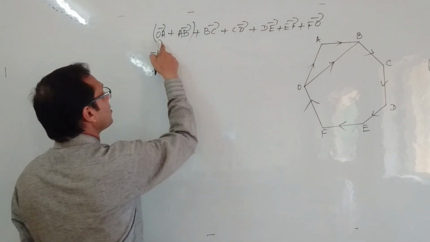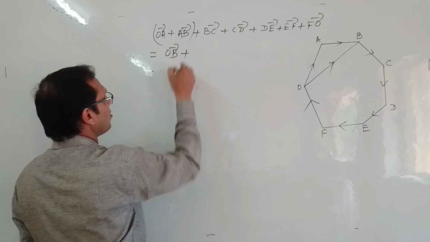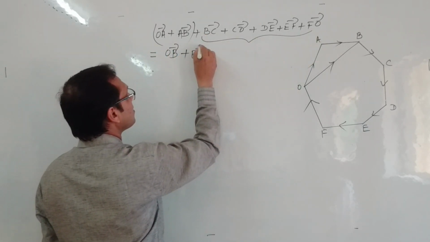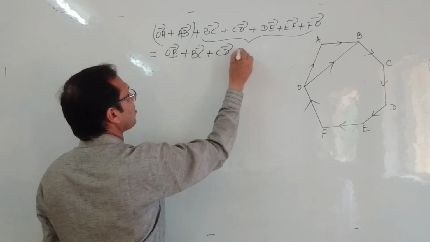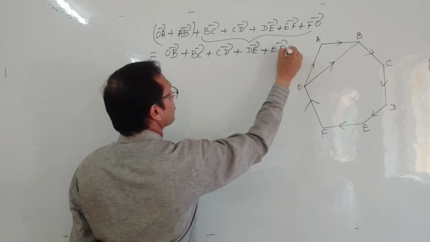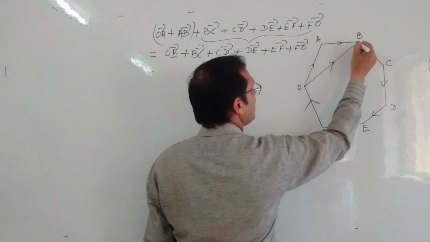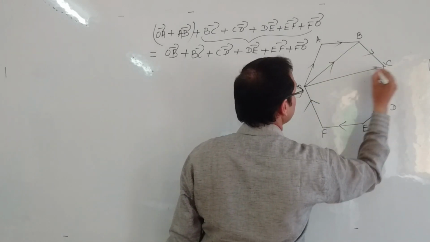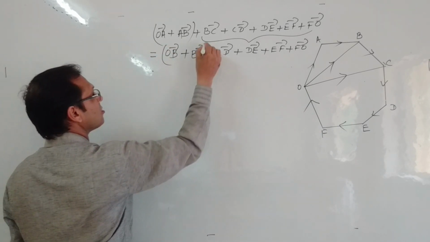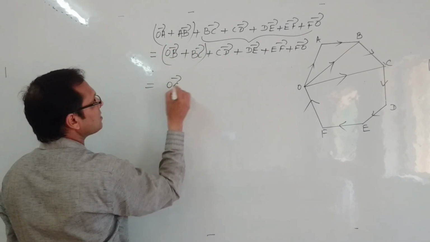So here you can replace OA plus AB by OB vector, plus keep the rest the same: BC vector plus CD vector plus DE vector plus EF vector plus FO vector. Now we'll take OB plus BC. OB plus BC is equal to OC vector.